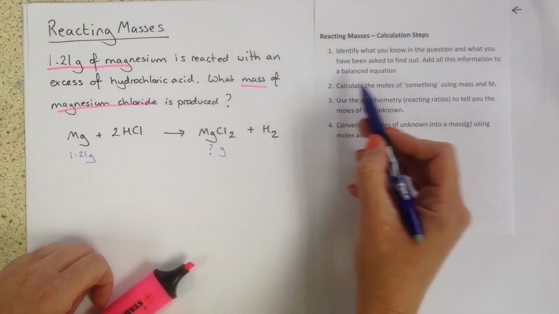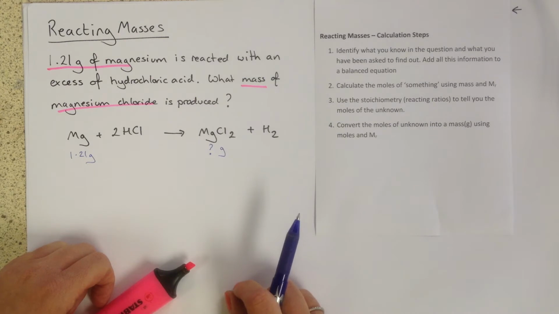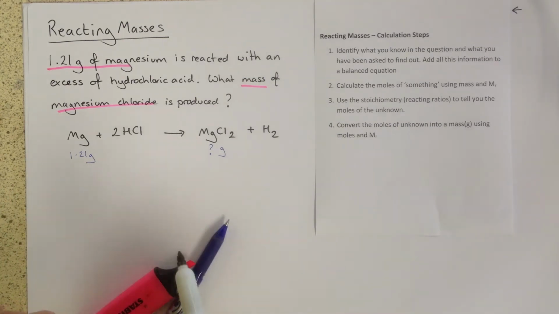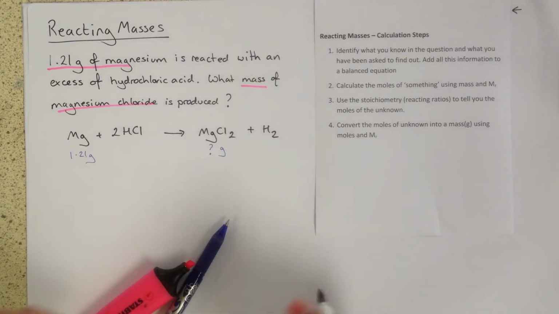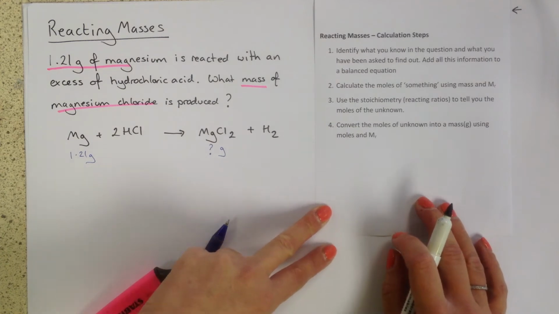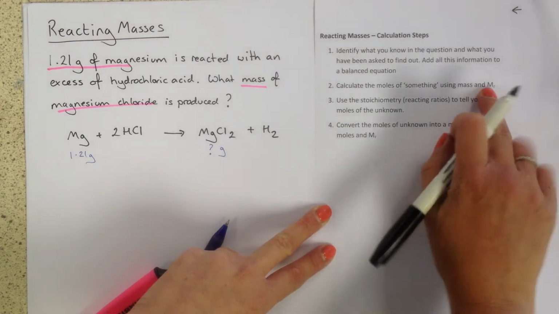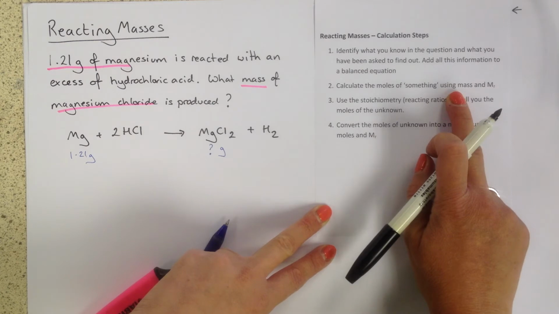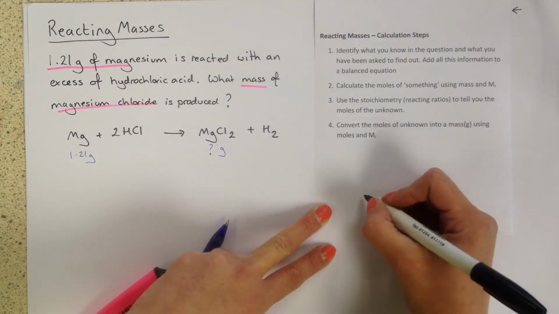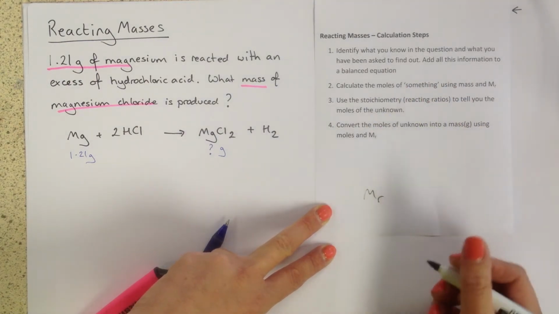Now, step 2, calculate the moles of something using mass and MR. What we should have done at the beginning, before we even started doing anything, was write the equation triangle down that links relative molecular mass, MR, mass and moles.